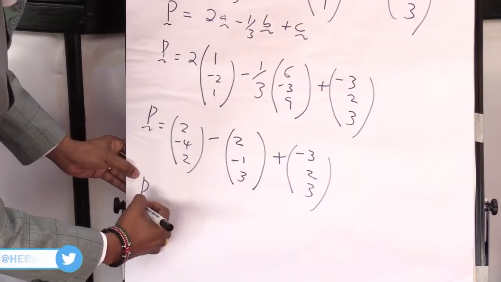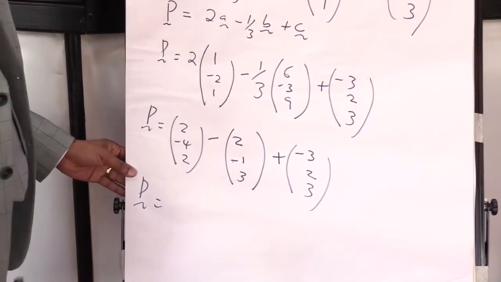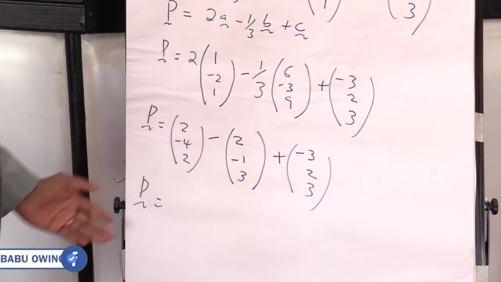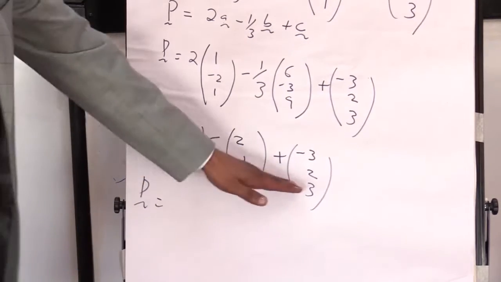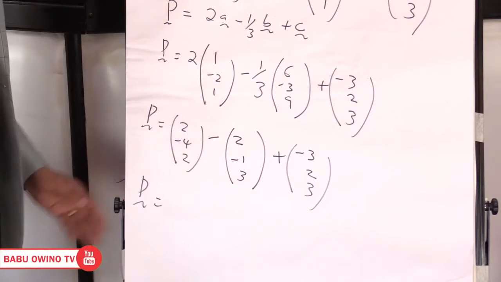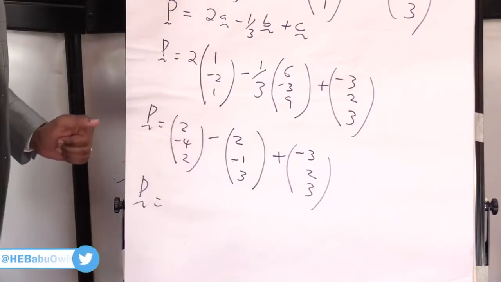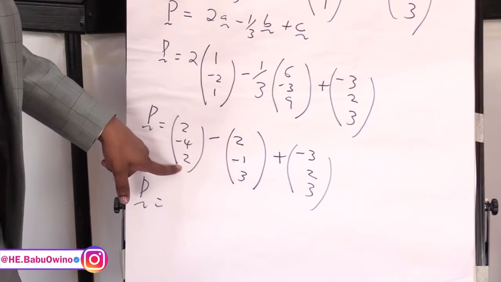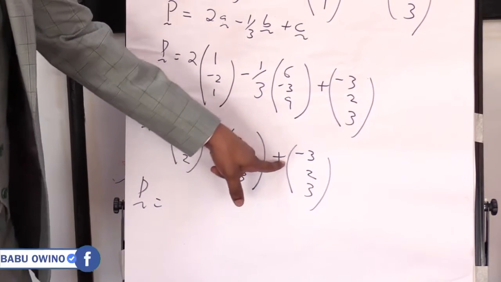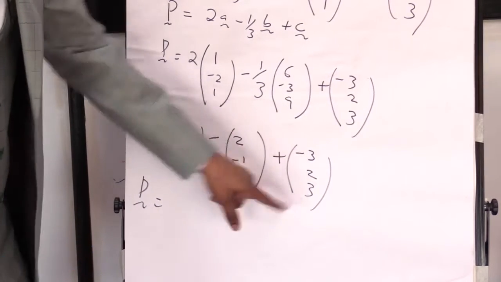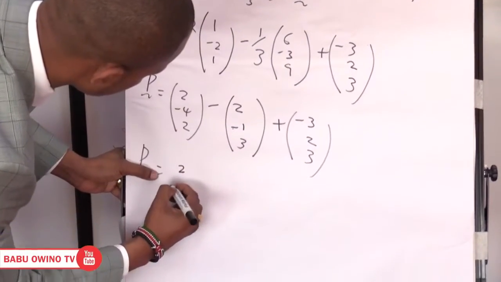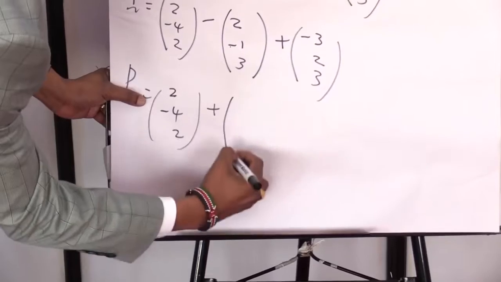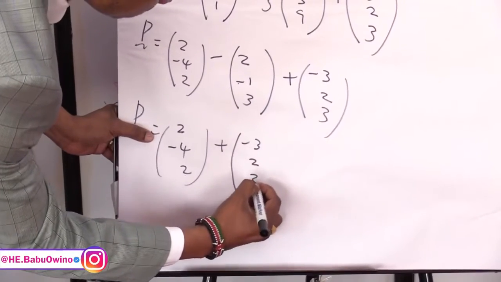So P equals, by BODMAS, brackets, division, multiplication, addition, and subtraction. Therefore, addition comes first. So if you are given such a challenge, then you apply BODMAS. So we will add this, which is (2, -4, 2), to (-3, 2, 3).